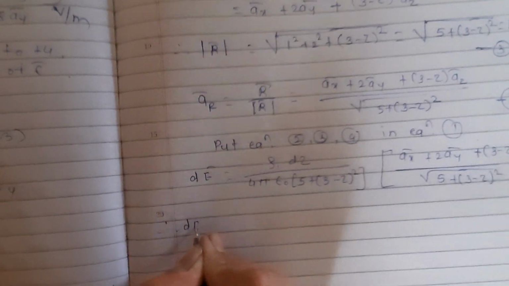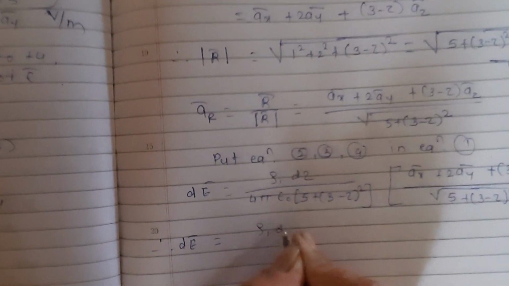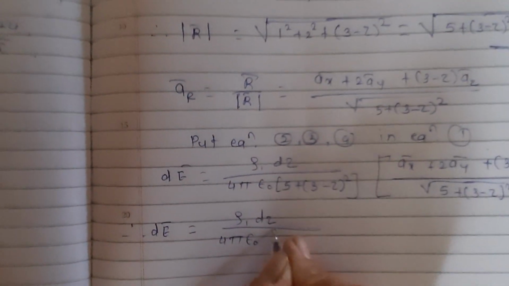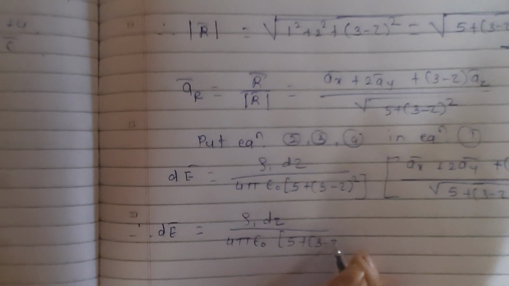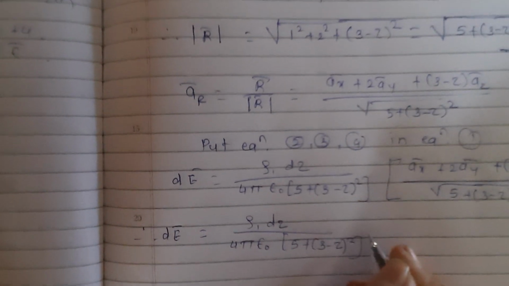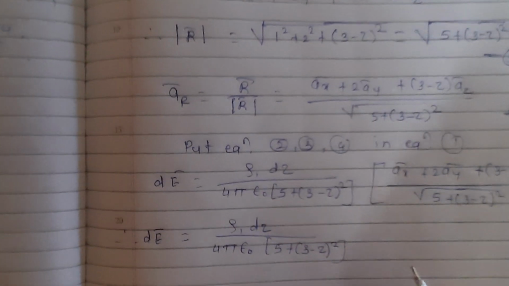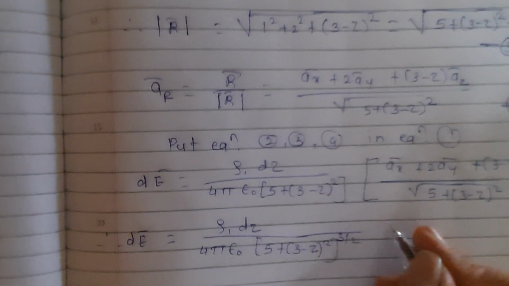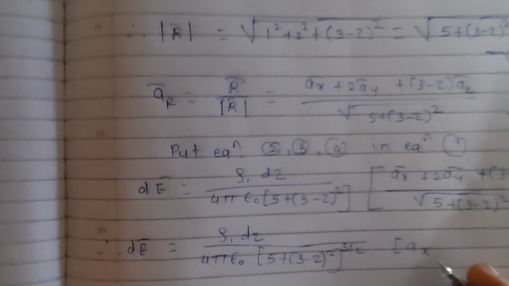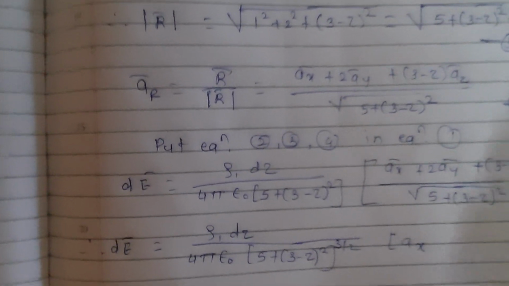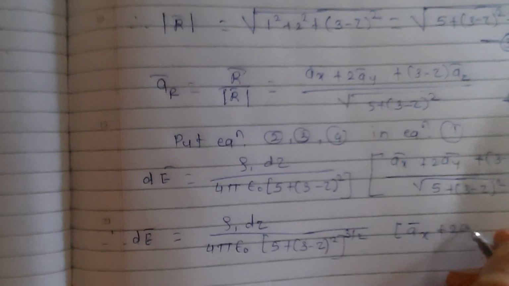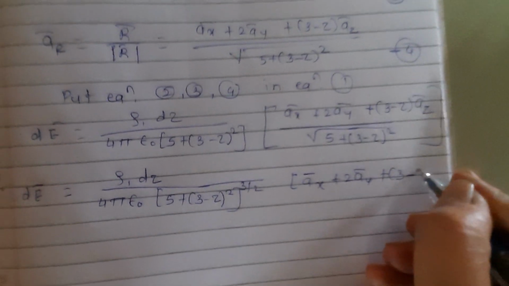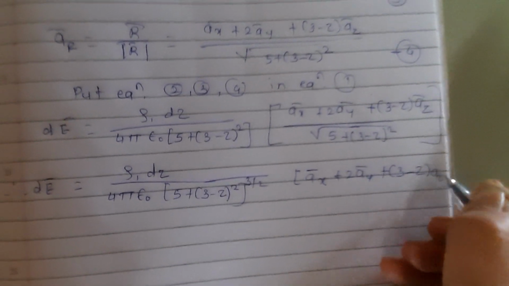So dE bar is equal to 4 pi epsilon 0 (5 plus (3 minus z) square), and take the square root outside. So it is ax bar plus 2 ay bar plus (3 minus z) az bar.